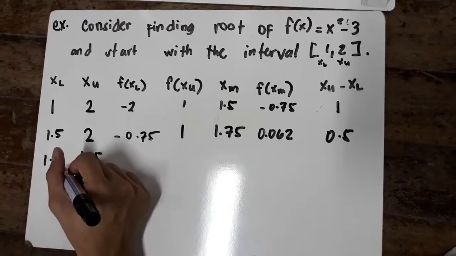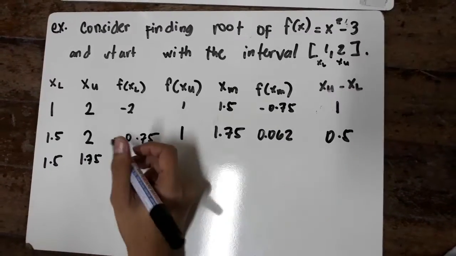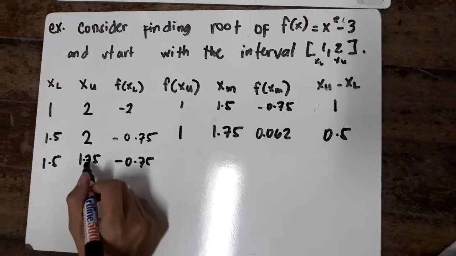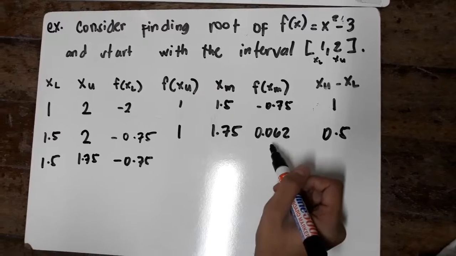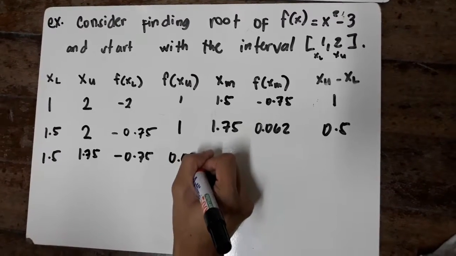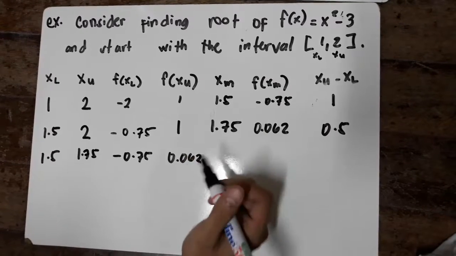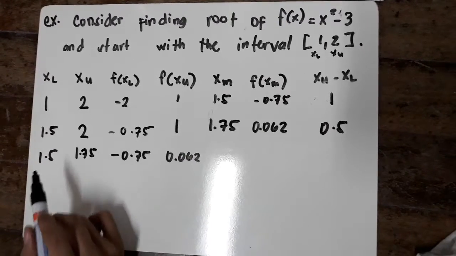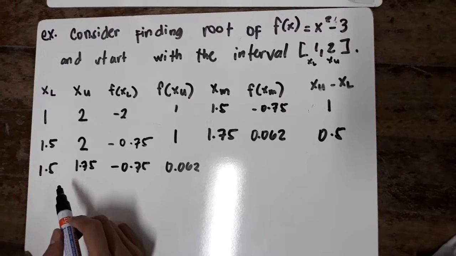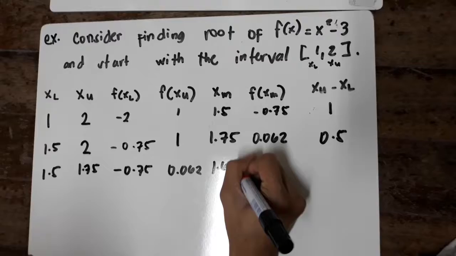Then when we substitute the value of 1.5 into the equation, we have negative 0.75. When we substitute 1.75 into the equation, we have the value of 0.062. Then when we add 1.5 plus 1.75 divided by 2, we have an answer of 1.625.